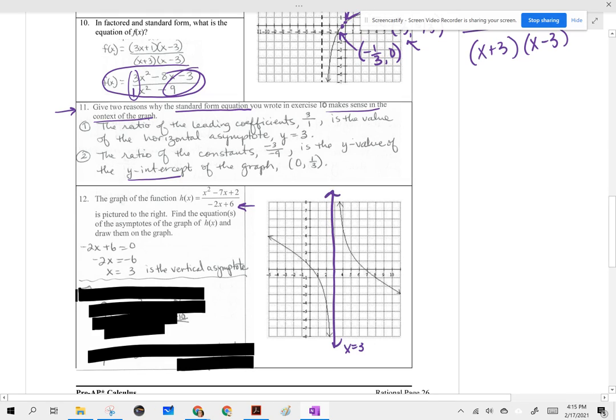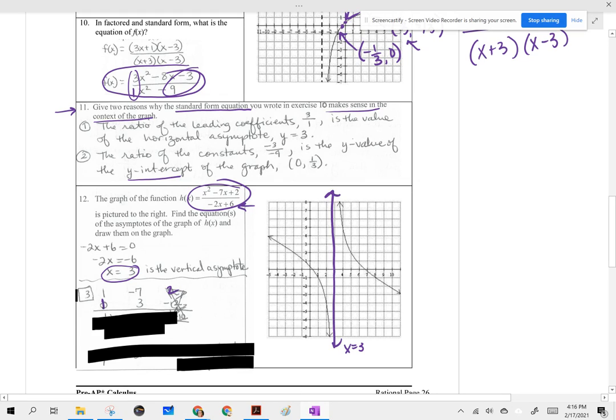Now, the next thing we can tell is that there's definitely a slant asymptote, which means we need to perform synthetic division. So we now know that the 3 is what we need to divide by. And so I've got 1, -7, and 2.